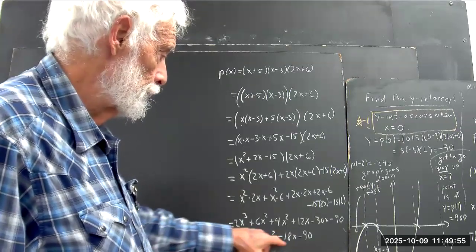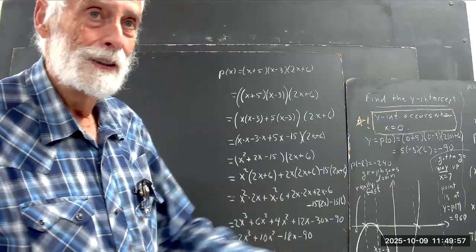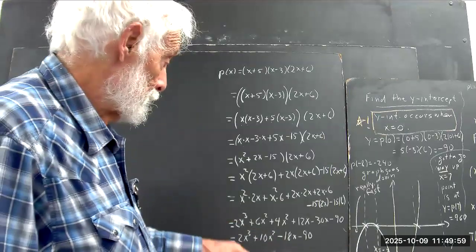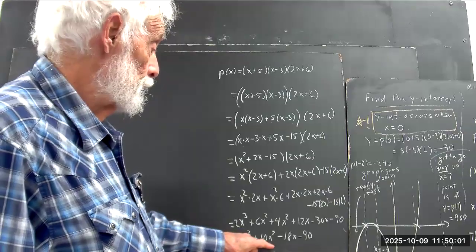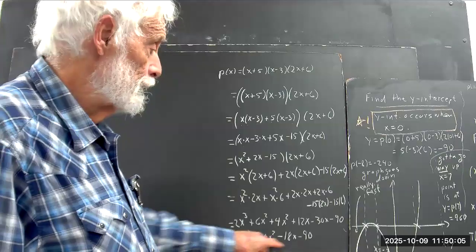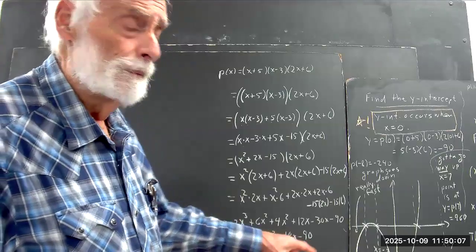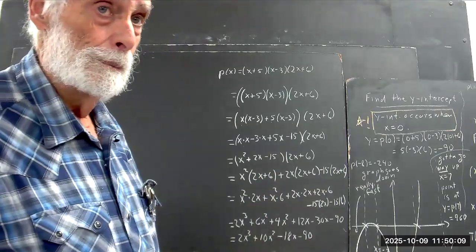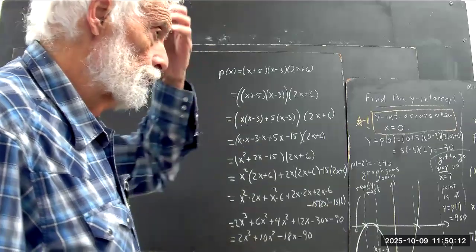So you got 54 here, minus 54 here, that adds up to 0. And 10x squared, well, if x is 3, x squared is 9, 10 times 9 is 90, and there's a negative 90. So it works, okay? At least it works for x equals 3.